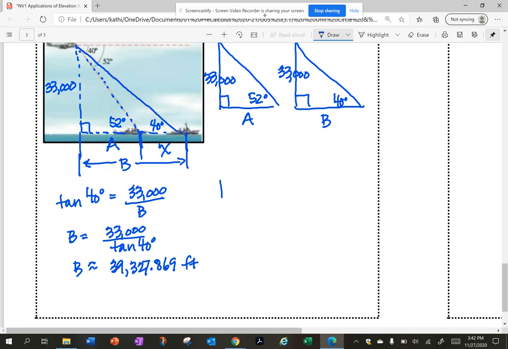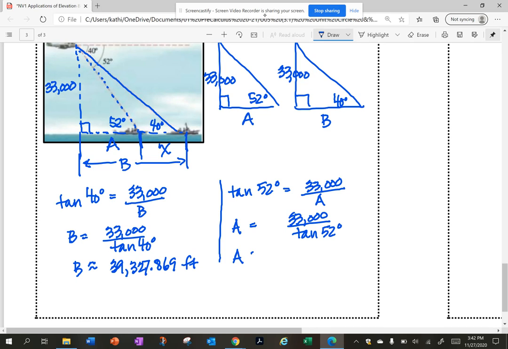And then I'm going to solve for A. So the tangent of 52 degrees equals 33,000 divided by A. So solving for A, I get A equals 33,000 divided by the tangent of 52 degrees.